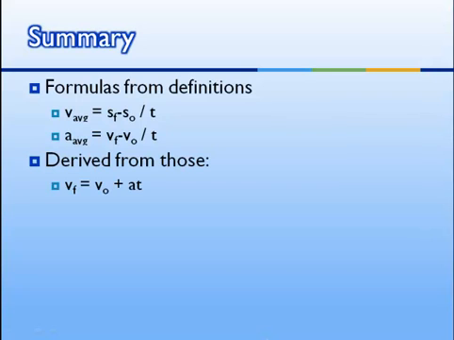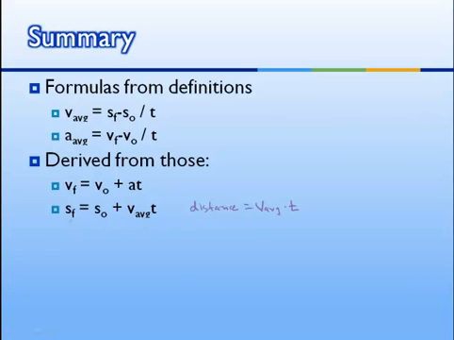The first we derived was that the final velocity is equal to the initial velocity plus acceleration times time. Then we derived a formula based on average velocity. Before, we had derived that distance is equal to average velocity times time.